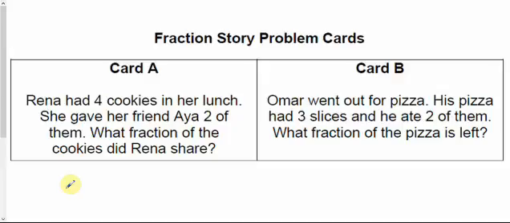She had 4 and she shared 2, so she shared 2 out of 4, the total that she had. So it equals 2 out of 4, which equals half. She shared half of what she had at the beginning.